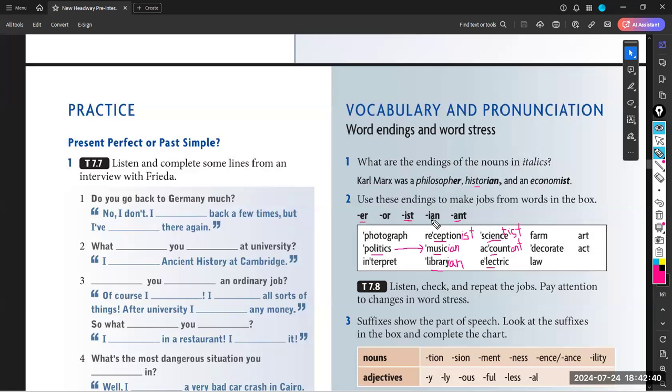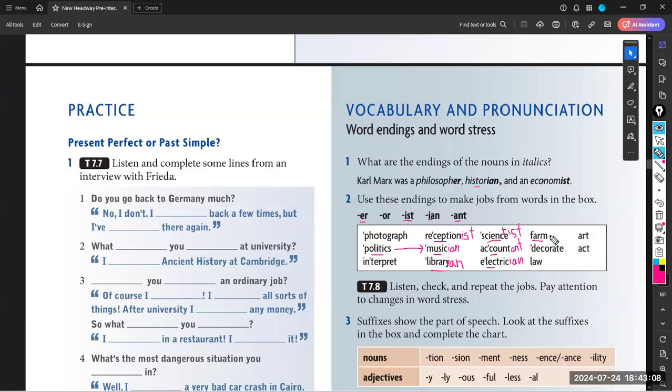Now, what is the suffix? Are you sure? Electricer? Try again. Electrician. Thank you so much, but I have to read it as electrician. Okay? So this is it.